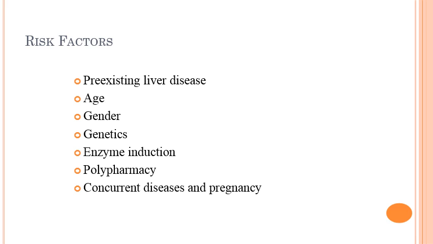The last factor is the concurrent disease and the pregnancy. As we earlier discussed in the last slide, if the workload on the liver is increased, the metabolites will be moving toward the kidney, and eventually there will be kidney failure.